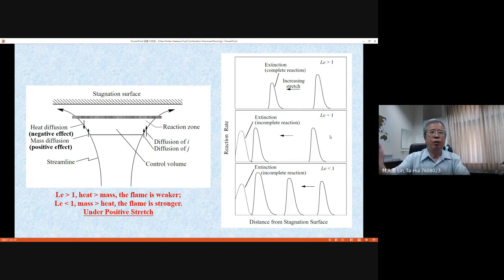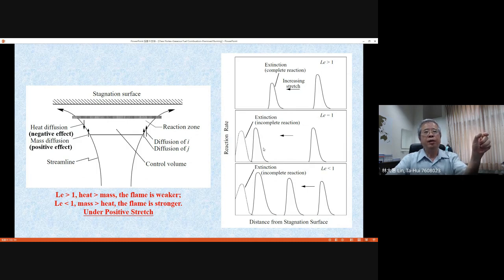Now, when you increase your injection velocity as much as possible, you will find your flame shifts from the right-hand side, approaching the left-hand side, approaching the wall, the stagnation surface. Then you can see the strength of the chemical reaction rate in this plot is almost the same, right? Except when this flame is very close to the stagnation surface. As I mentioned, for stagnation point flow in this region, there is a solid wall.